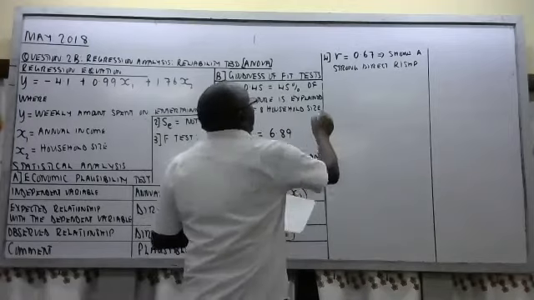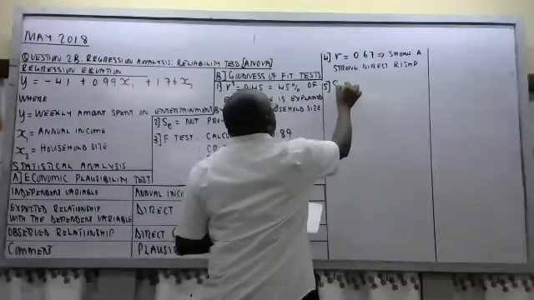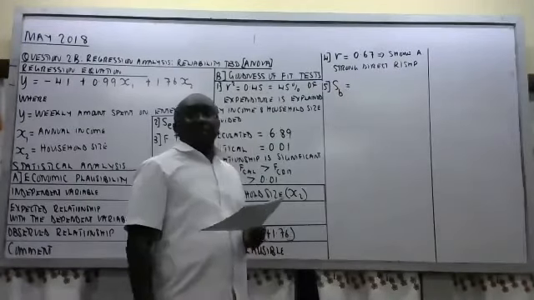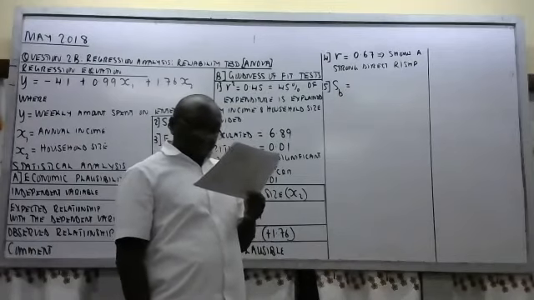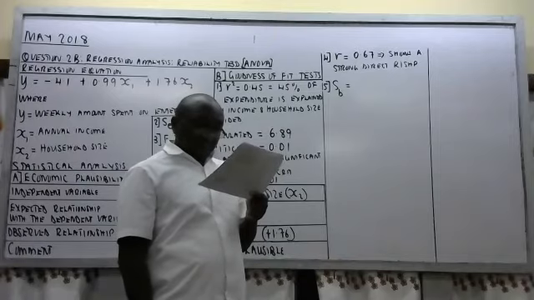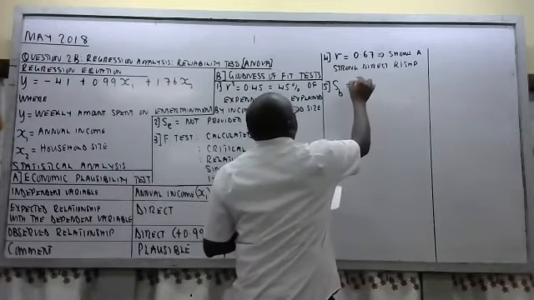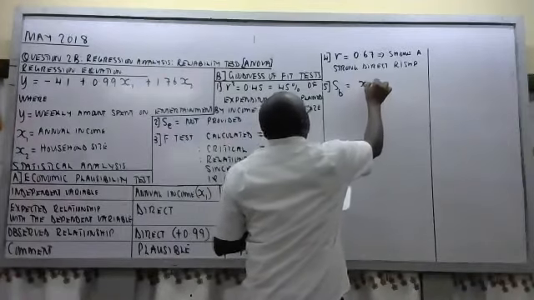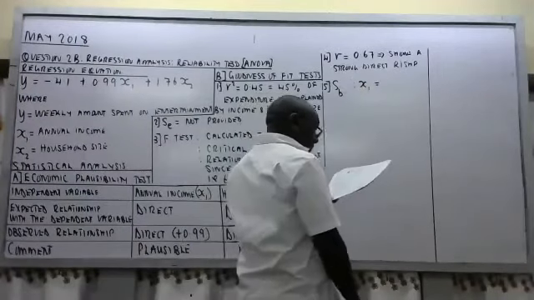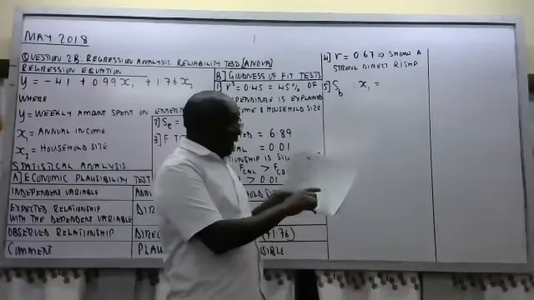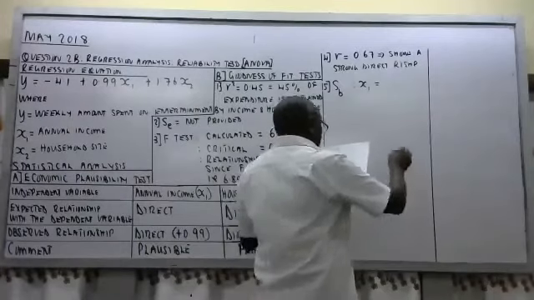The next one is number 5, which we call SB. Now SB for X1, if you go to the katikati, you can see income equal to 0.31.